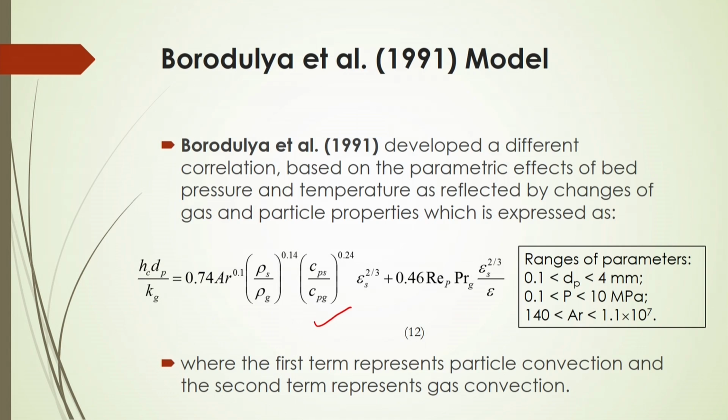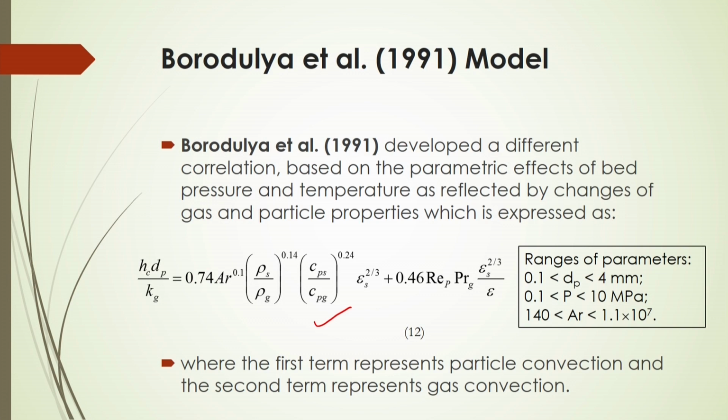This equation is valid only within the range of 0.1 to 4 millimeter of particle diameter, pressure within 0.1 to 10 megapascal, and the Archimedes number within the range of 140 to 1.1 times 10 to the power 7.